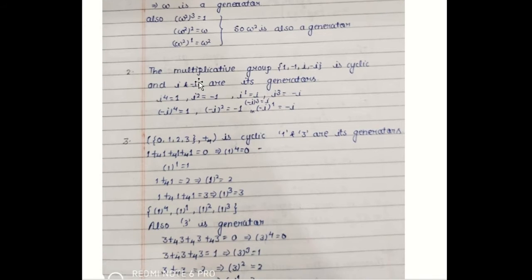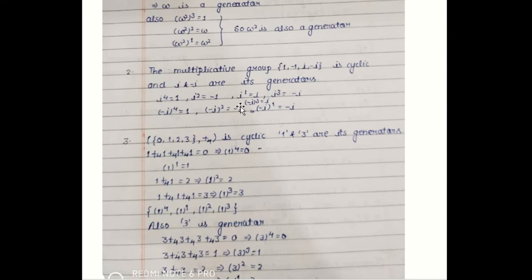One more example, the very important multiplicative group 1, minus 1, i, minus i, which is again cyclic. Since each element can be written as a power of i: 1 is i to the power 4, minus 1 is i square, i is i to the power 1, and minus i is i cube. So every element can be expressed as some integral power of i.